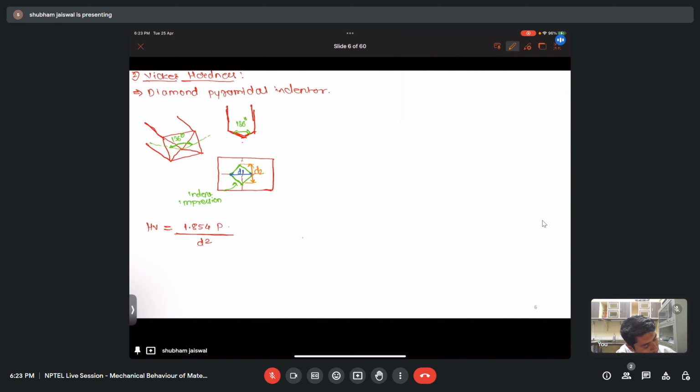Here P is nothing but the loading in kgf, and D is nothing but the average diagonal length, in mm. Okay, so this is about the Vickers hardness.